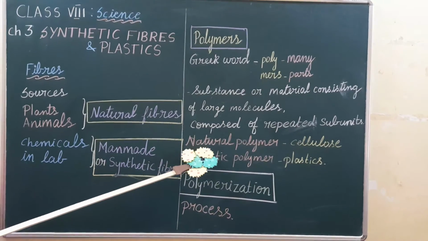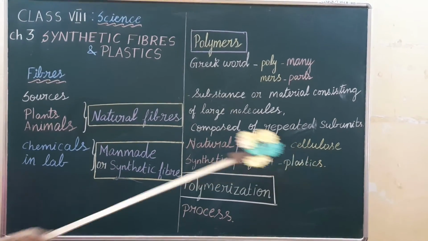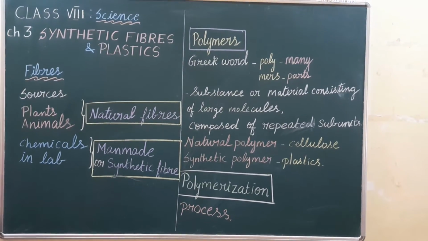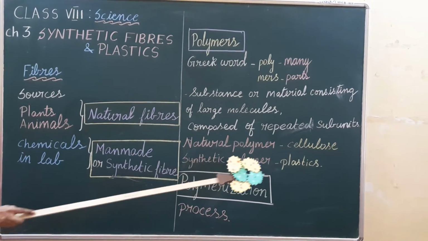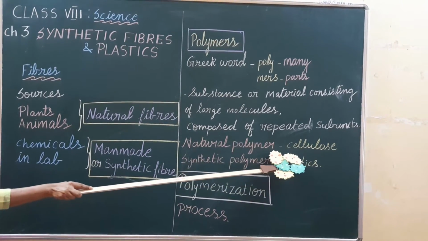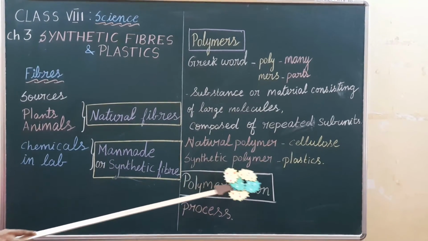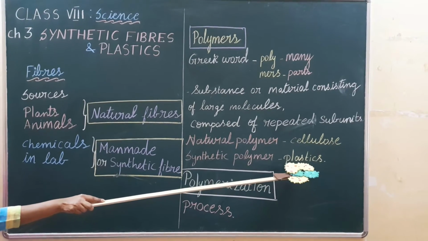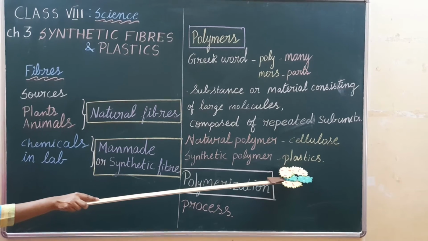Even polymers are available in nature, and the best example is cellulose. We all know that the cell wall of plant cells is made up of cellulose, which is a natural polymer where many glucose units are chemically linked. Coming to synthetic polymers, plastic is the best example, and we will discuss plastics in detail at the end of the lesson.